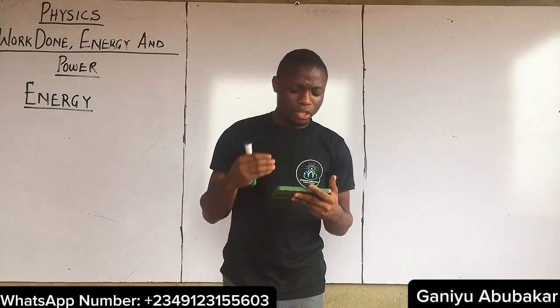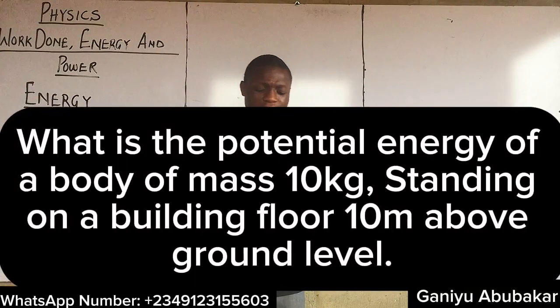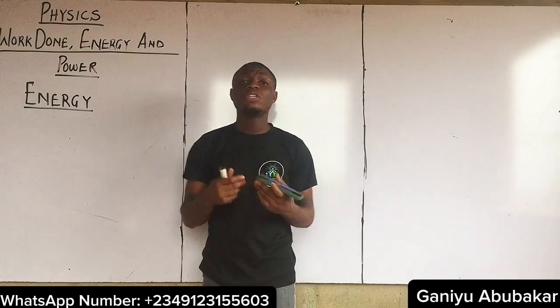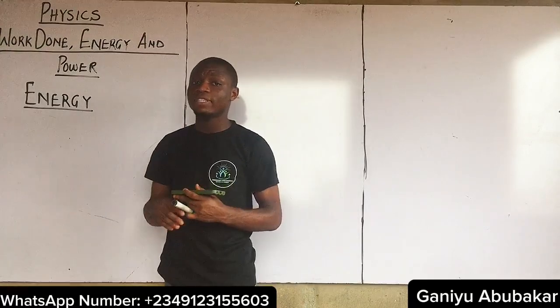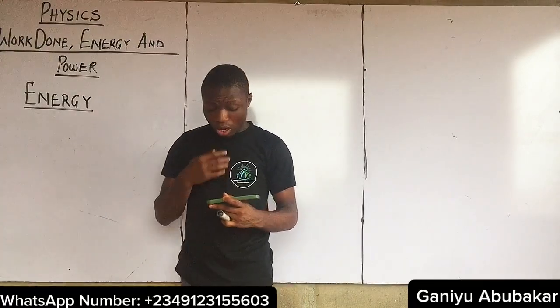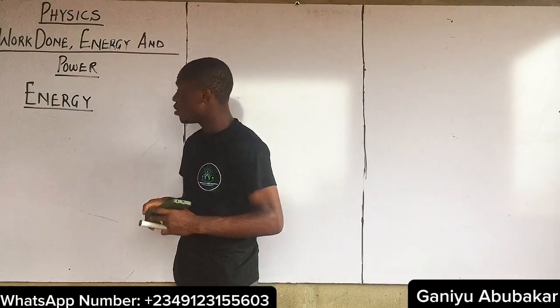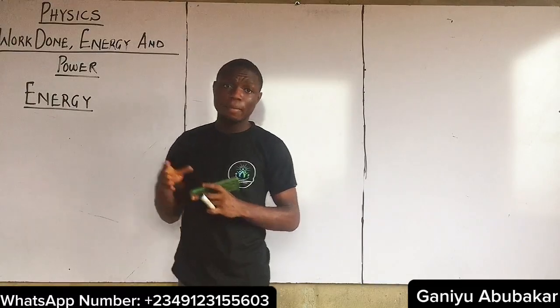Example 1 says, what is the potential energy of a body of mass 10 kg standing on a building floor 10 meter above ground level? So let's try to solve this problem. When it comes to solving problems in physics, your first task is to list out the given parameters.